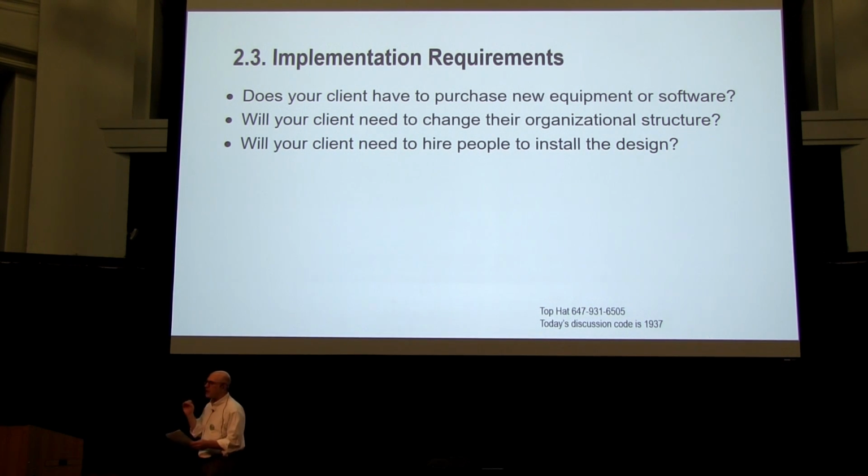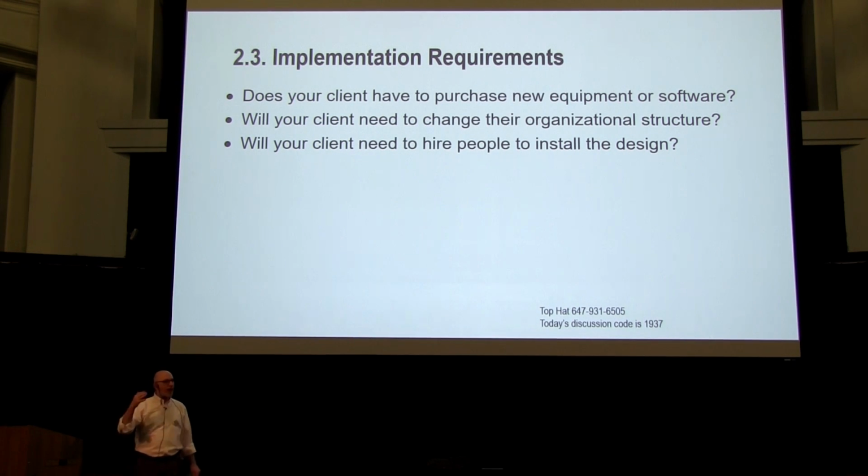What are the capital costs? Are people going to have to be hired? Are people going to have to be laid off? What is going to happen? You know, do stores have to be consulted or informed? You'll notice that one of the implementation requirements of infrastructure change is that residents in the affected area have to be informed that there will be work done on their street.